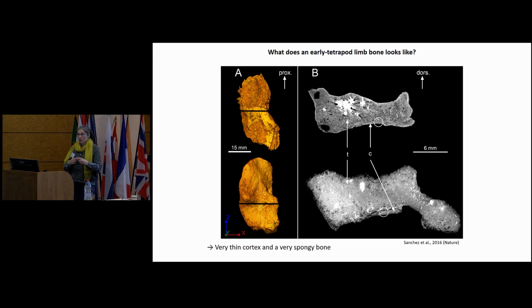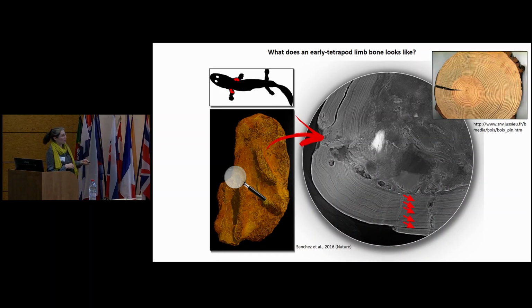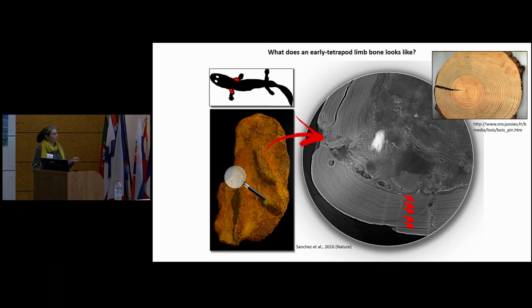This spongy bone actually developed from the replacement of cartilage, which means that you have a big cartilage before you develop this spongy bone. And now if you look at this cortical bone, which is all around, so this is at high resolution, 0.7 micron voxel size, you will see that you have rings here that you can count.